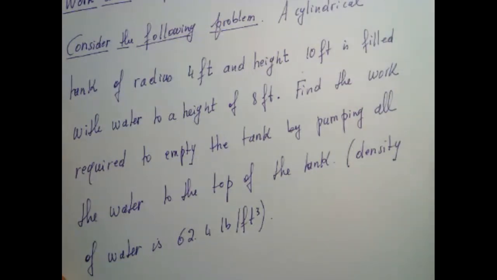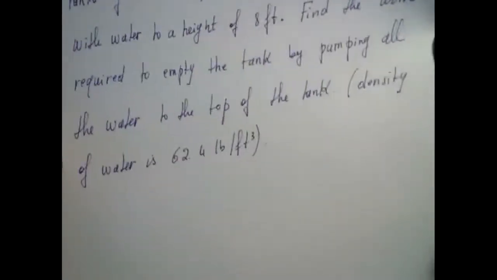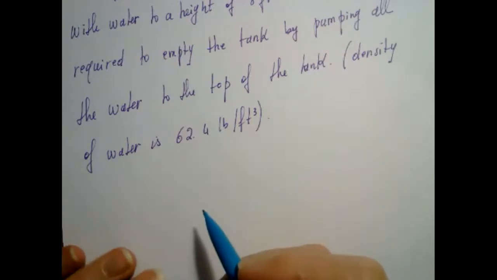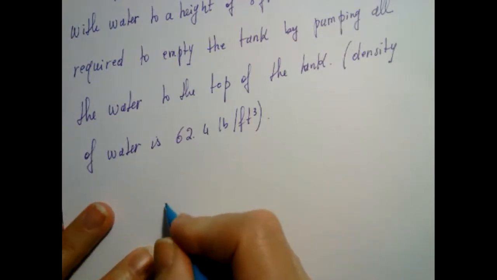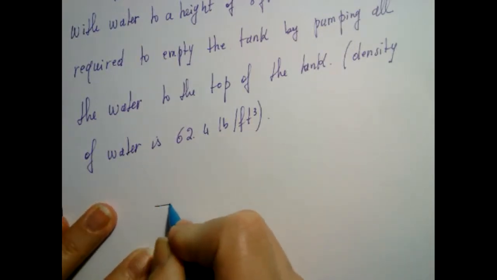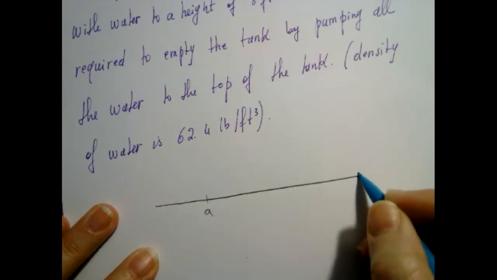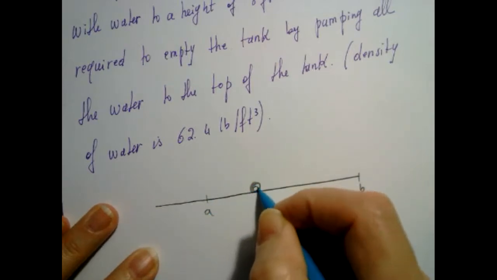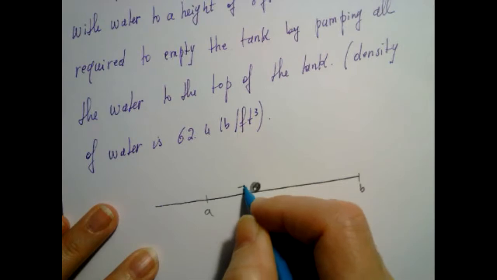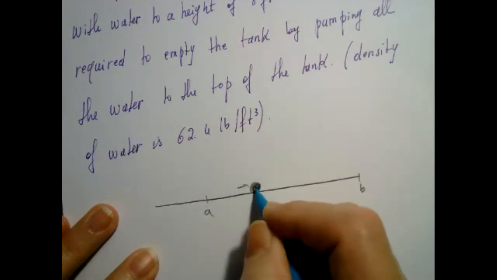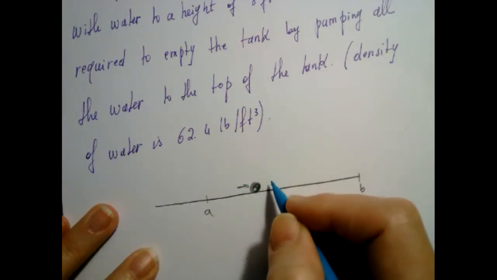So what is it we have in this problem and how does this scenario change from the scenario we've seen about work? What we have seen about work so far is the following scenario. We have a specific object, whatever, and we're moving this object. But as we move this object, the force we need to move it was changing.